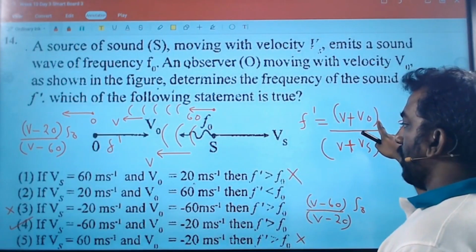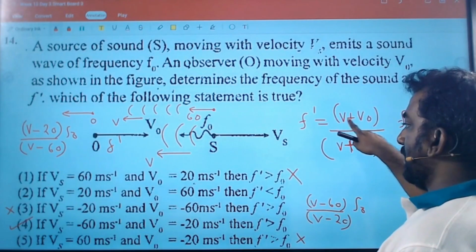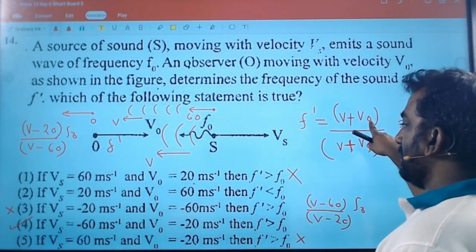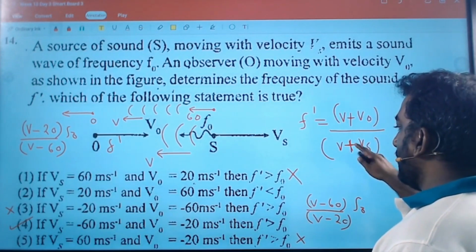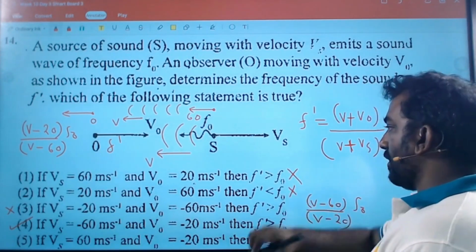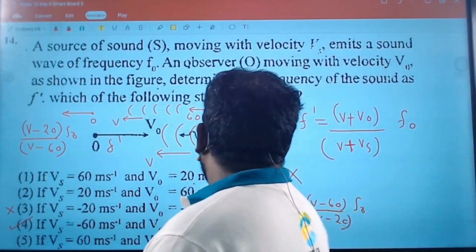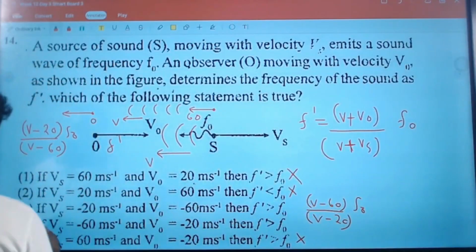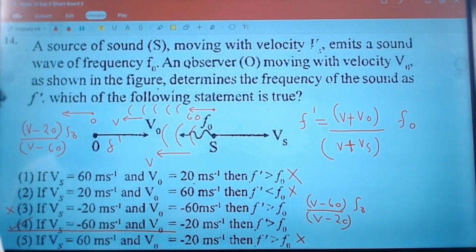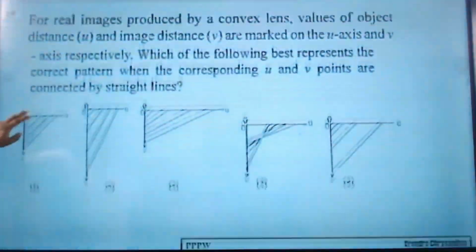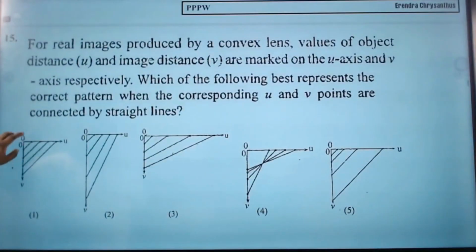V plus V naught, here it's going to be 360 over 320, greater than 1. So these are wrong. So out of this, the most suitable answer is going to be answer number 4. Okay, right. So be a bit careful with the directions.